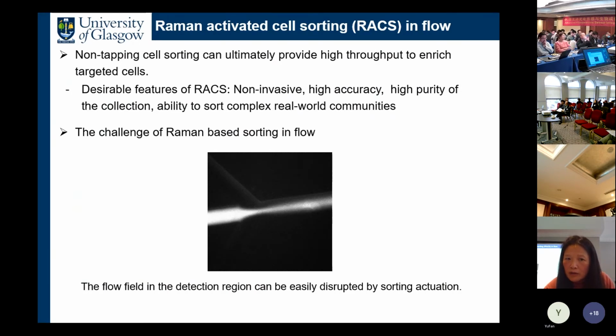So ultimately, if we can sort the cells in a similar manner as FACS, that is the way to generate high-throughput sorting. In order to do that, we have to overcome the problem I just showed you in this video. Because the signal is weak, we use a low flow regime, and the downstream sorting will affect the detection area. So we have to generate a very stable detection, Raman acquisition.